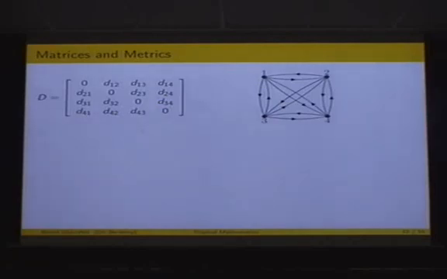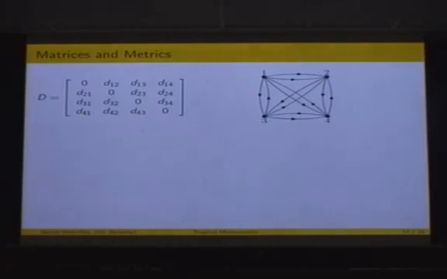I'm going to be interested in matrices that have 0 on the diagonal, and positive or non-negative entries otherwise. Okay? Now those matrices I'm going to identify with weighted graphs. So weighted directed graphs. So here I have a directed graph with forward, backward edges maybe, and every edge has a positive edge weight.